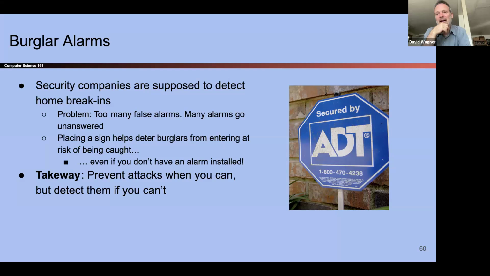All right, so in that setting with our home, we're focusing on: I can't prevent the attacks, but at least I can detect them. Any lessons for software systems?